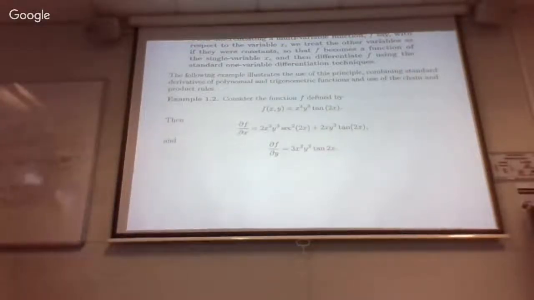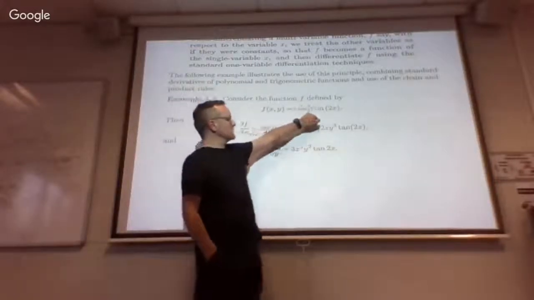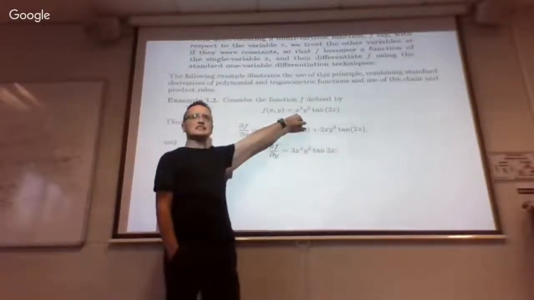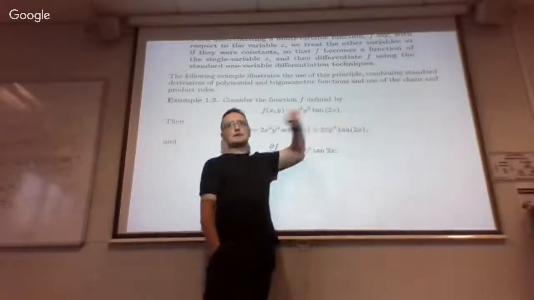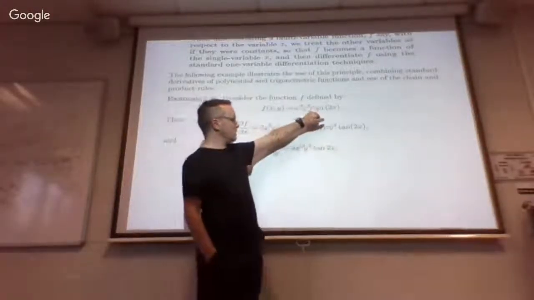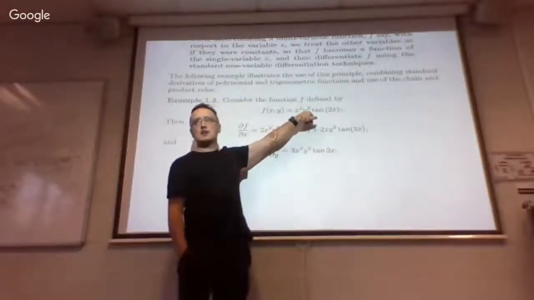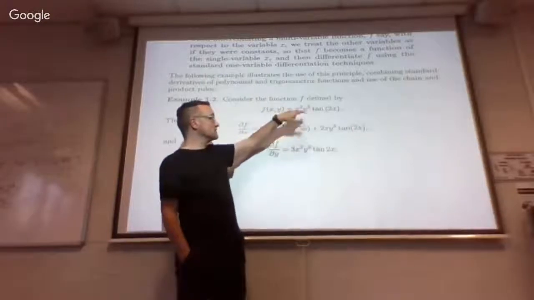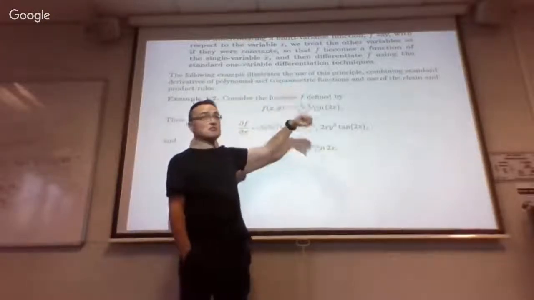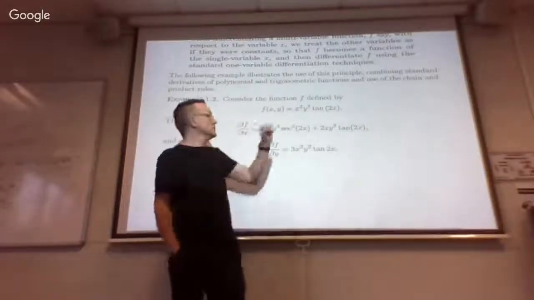Well, let's focus on the y derivative. That's the simpler one to begin with, because with respect to y, this function isn't so bad. Treating the other variables as constants, what we see here is just some constant multiplied by y cubed. If we're treating x as a constant, x squared is just some constant value, tangent of 2x is just some constant value.